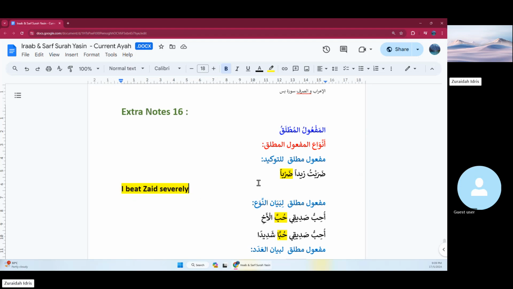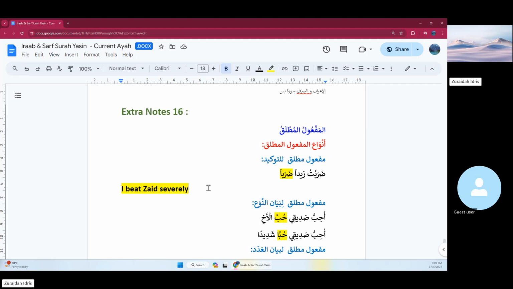We don't say things like darban as a masdar on its own. We translate it as beating. Most masdars, or gerunds as they call them, have the ing, eating, the action of eating, the action of beating, sailing. That's how we would normally translate it.